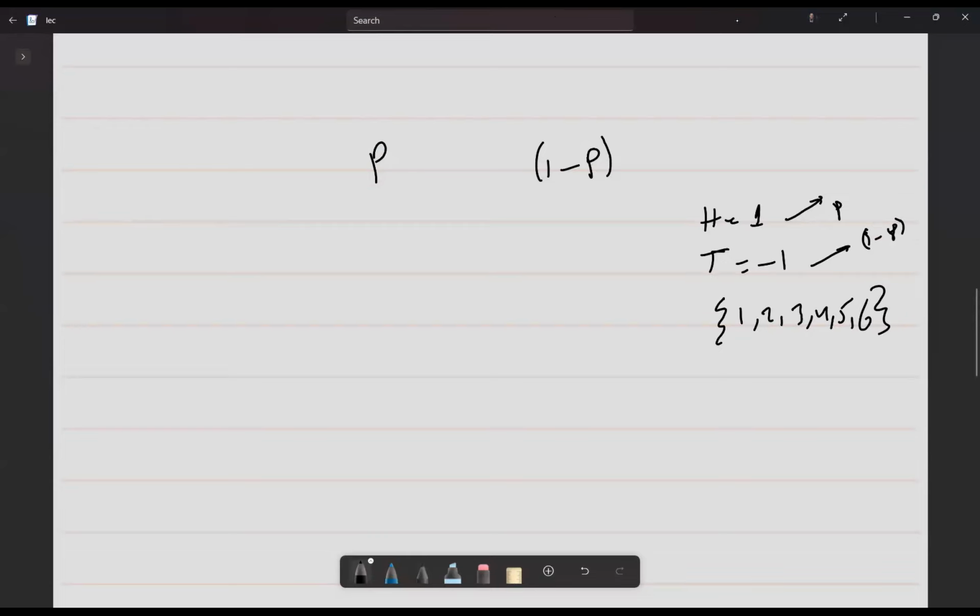Then we get 1 with probability P and -1 with probability 1 minus P. Or, if the random variable is the number of dots when you throw a die, the output will be 1, 2, 3, 4, 5 or 6. So we make a mapping from the number of dots to real numbers. This is the random variable and the uncertainty.